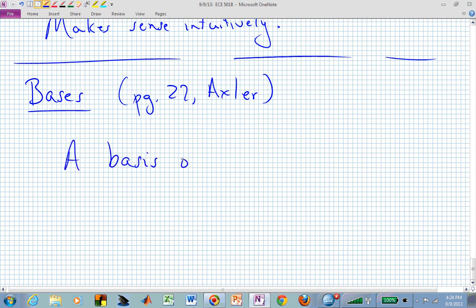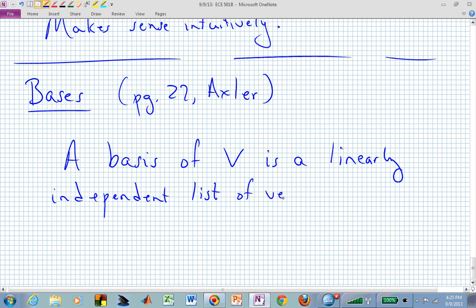A basis of a vector space V is a linearly independent list of vectors that spans V. Any set of vectors that are both linearly independent and span V, you can use that list as a basis.